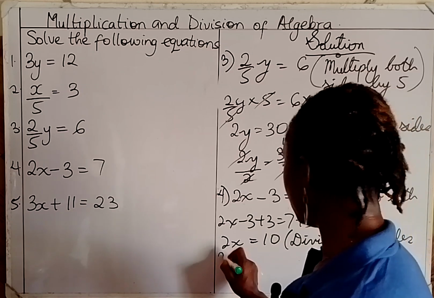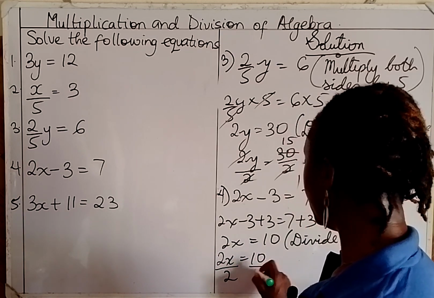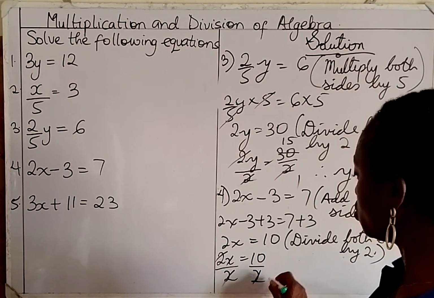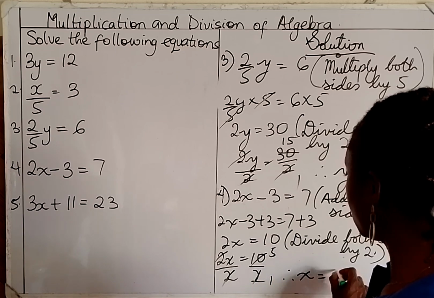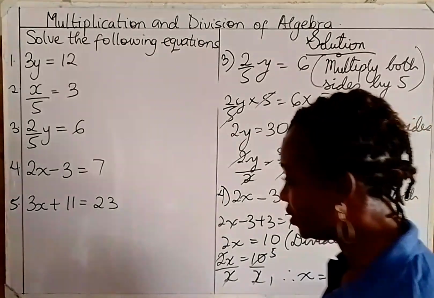So we have 2x divided by 2 equals 10 divided by 2. 2 into 2 is 1, and 2 into 10 is 5. Therefore, x equals 5. Voila! It's as simple as that.